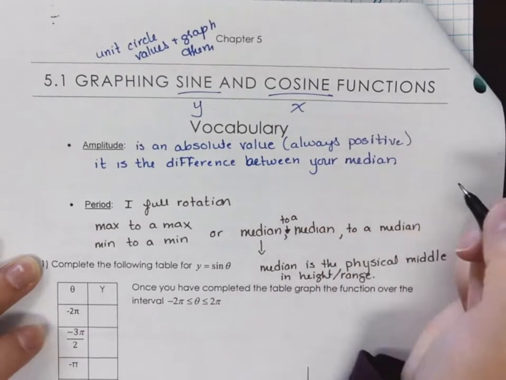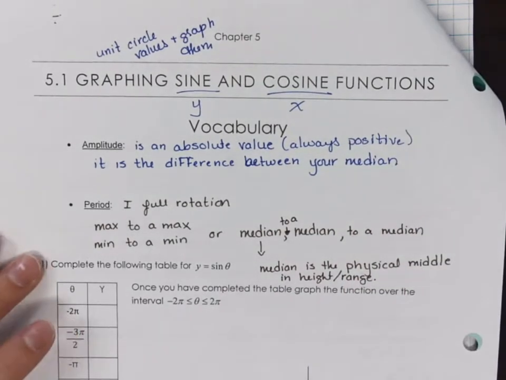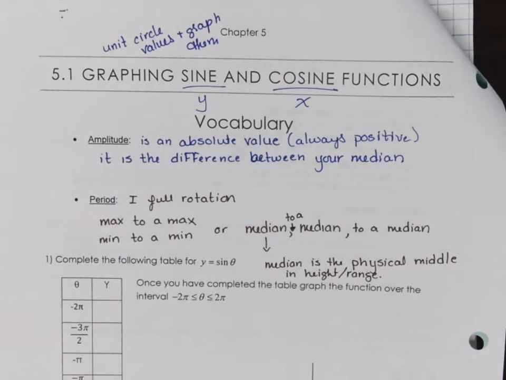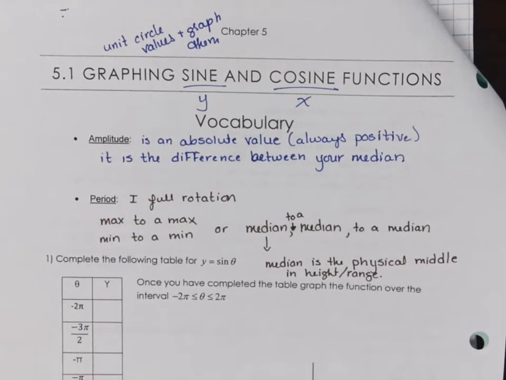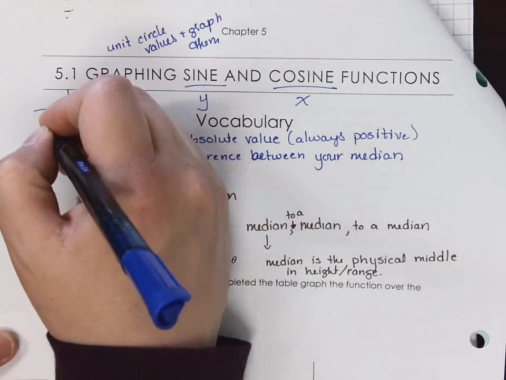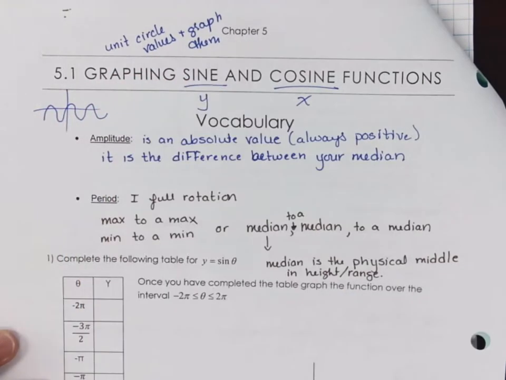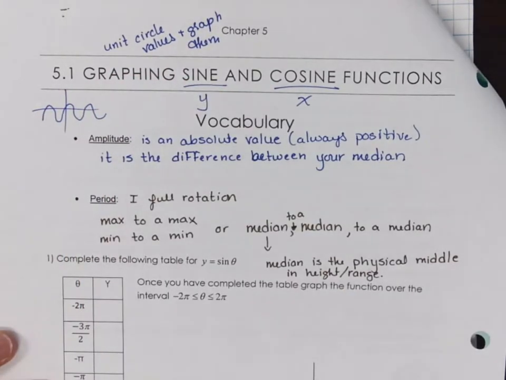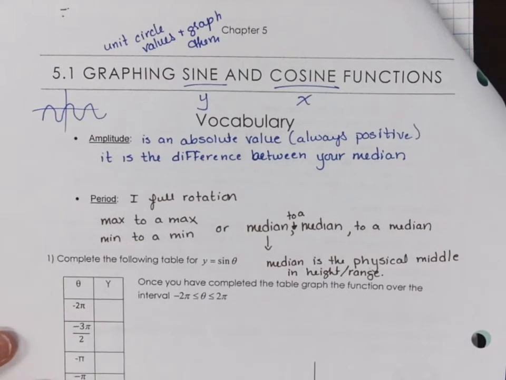When we talk about amplitude, we talk about it in an absolute value way, and you'll see it when we graph it. It doesn't really make much sense now. So sine and cosine graphs do that. It's the wave. And we're going to have some asymptotes in tan graphs.